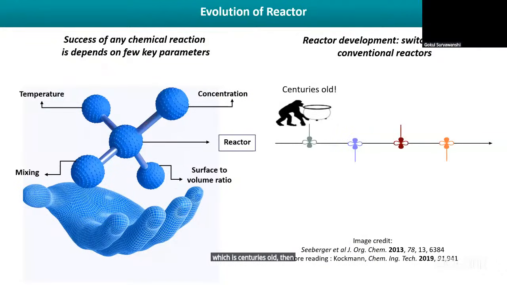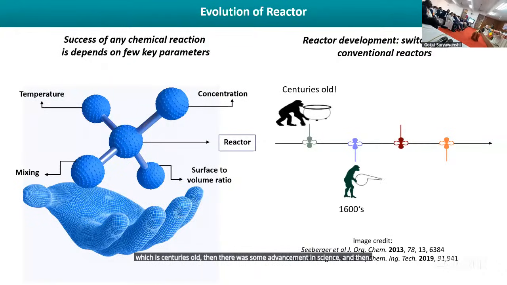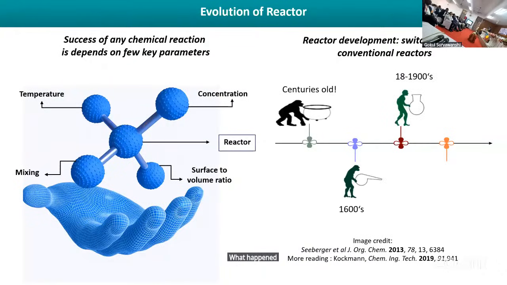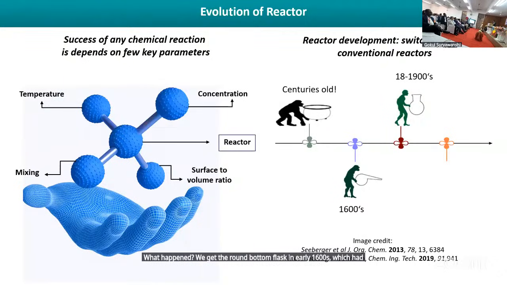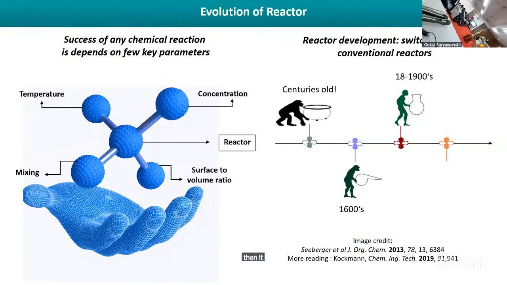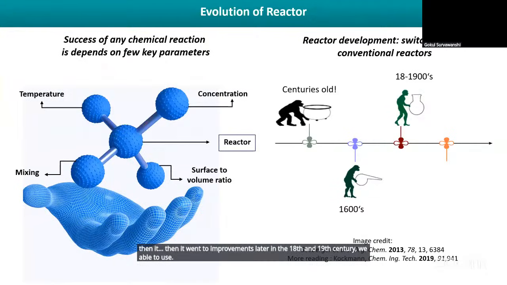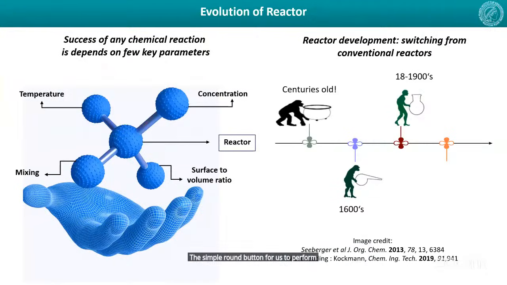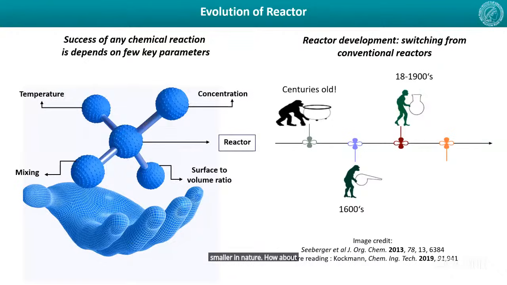Then there was some advancement in science, and we got the round bottom flask in the early 1600s, which had some weird shape. Then it went through improvements later in the 18th and 19th century. We were able to use the simple round bottom flask to perform reactions. So here you can see the big pots got smaller in nature. How about we go a little bit smaller?